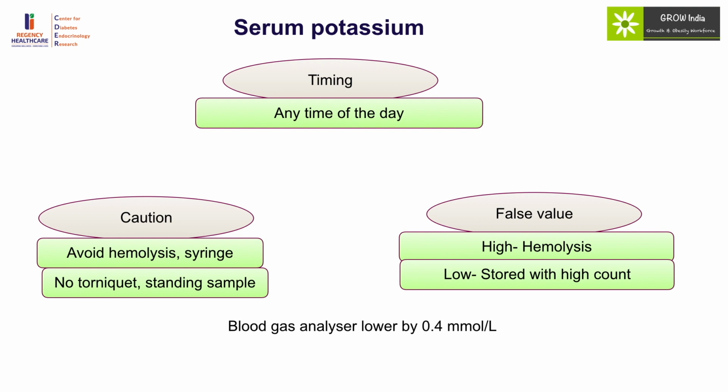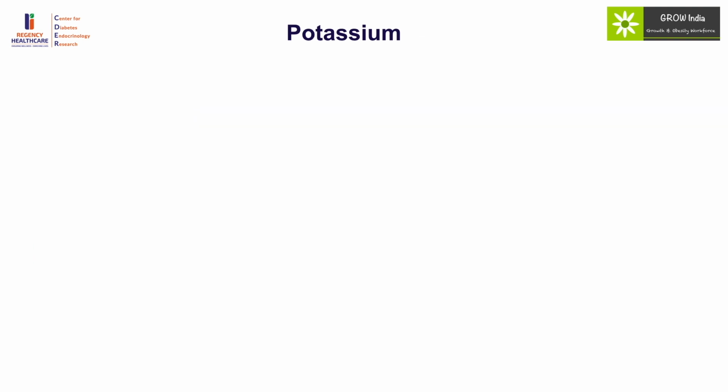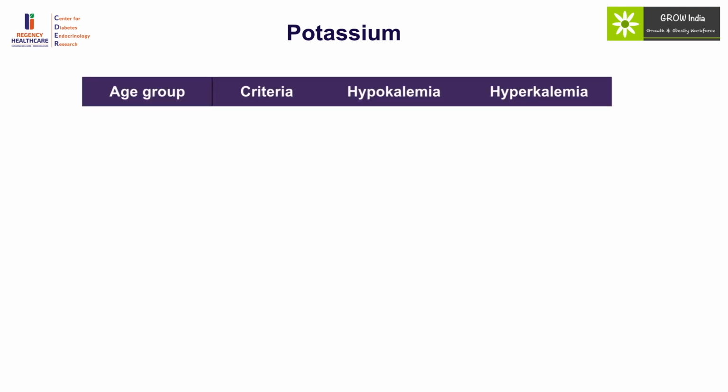One should also remember that the blood gas analyzer typically gives a reading which is lower by around 0.4 millimoles per liter, and the levels, as discussed, are affected by tourniquet, squeezed sample and high blood count. We need to understand that the potassium levels are variable with regard to different ages because they are largely dependent upon renal function.